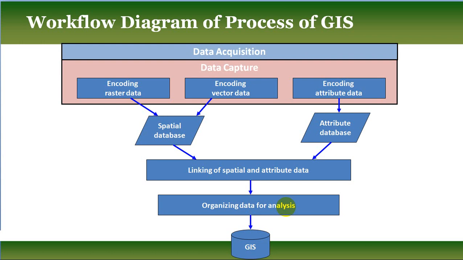Based on this combined spatial and attribute database, we can perform different types of analysis. As I told you earlier, this is a general perception of how you will execute a GIS project, its workflow.